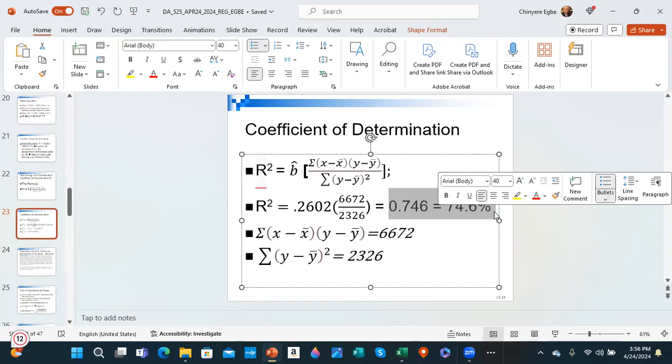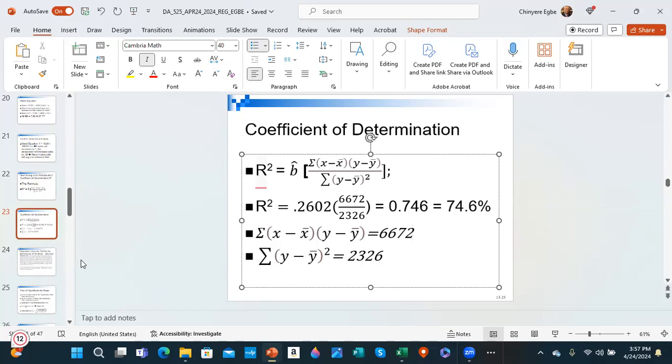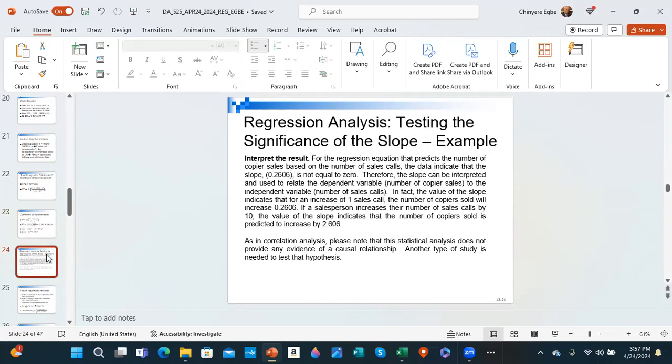These are other factors that weigh into it. And so sales calls alone do not explain 100% of the sales that are made. All right.